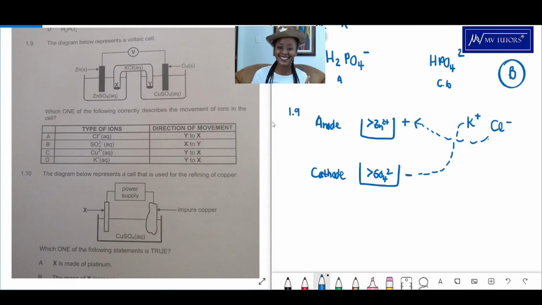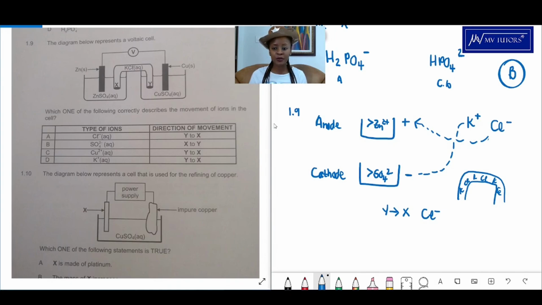Okay, the direction. So in the whole salt bridge, you have all these ions: potassium and chloride, potassium and chloride, potassium and chloride. They are filled in the salt bridge. So now what is going to move from Y to X? What's going to move from Y to X will be the chloride ions.